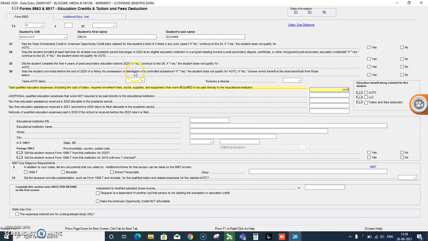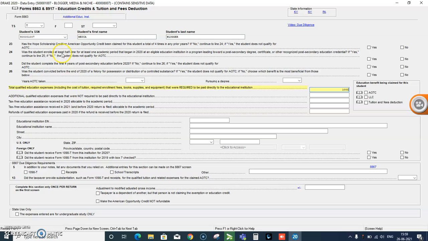So guys, also remember that you have to go through all the lines very carefully, like lines 23, 24, 25, 26. Has the Hope Scholarship Credit or American Opportunity Credit been claimed for the student for a total of 4 times in any prior year? If no, continue to line 4. If yes, then the student does not apply. You have to check all these lines and tick accordingly.